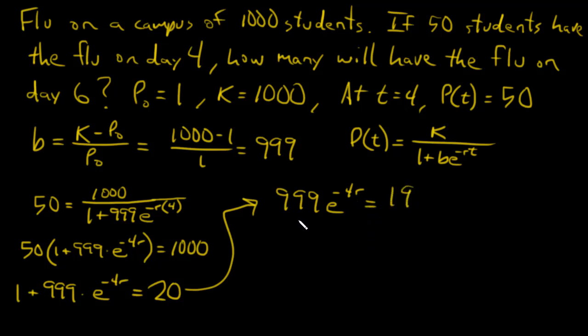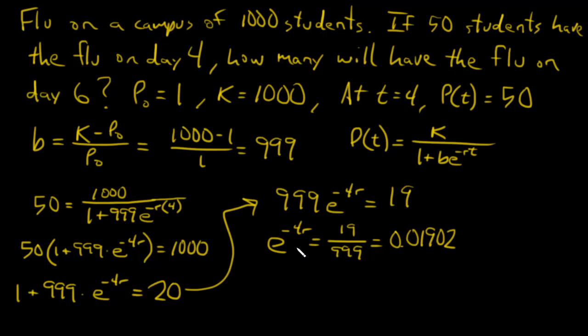Then I wind up with E to the negative 4R is equal to 19 over 999, and that is a decimal that is approximately 0.01902.